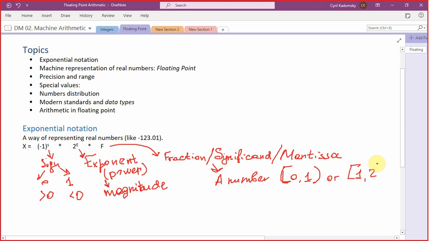We will discuss why two options are possible here, but in general, this number f is just a simple number either between 0 and 1 or between 1 and 2.